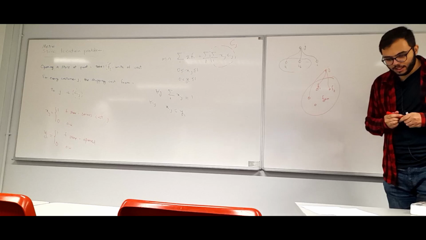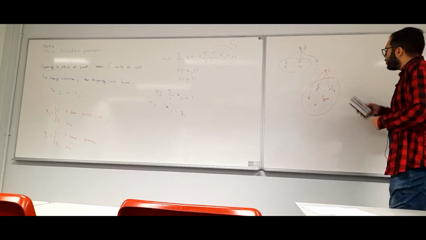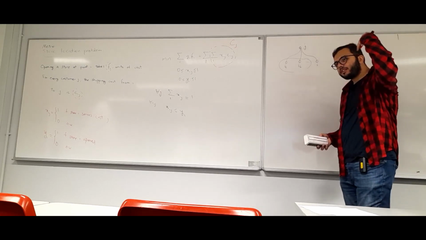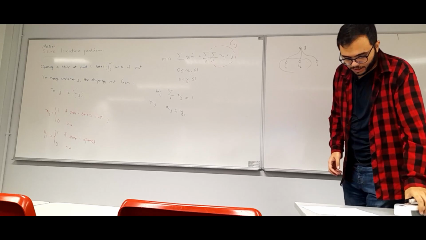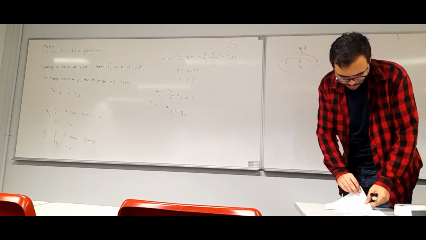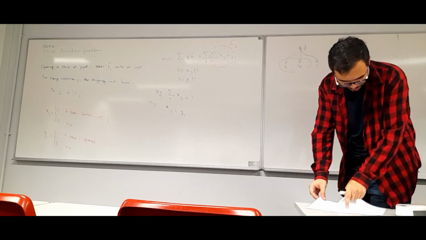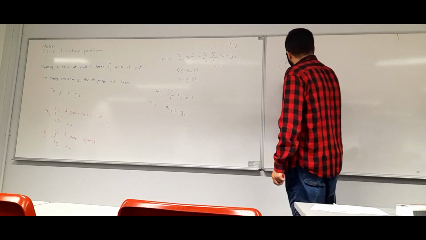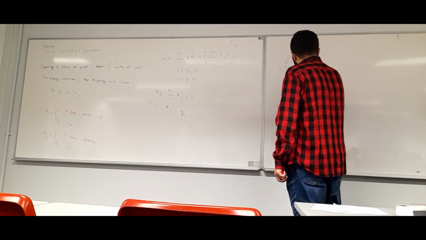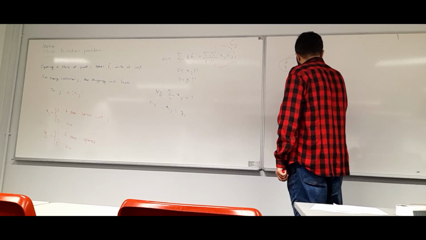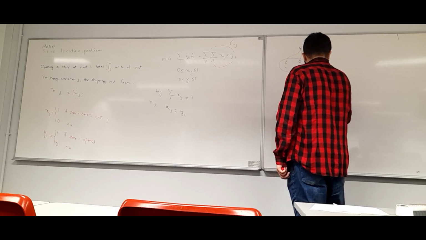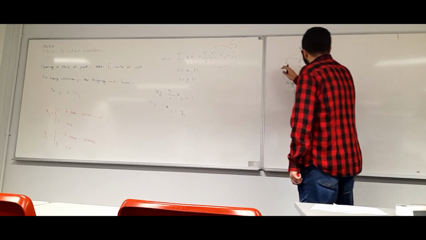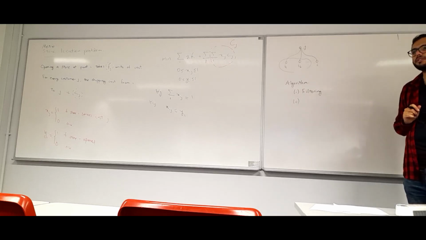Okay. But actually, how would we formalize this? So again, remember, this is after I've already done my filtering. Okay? So after I've done my filtering, yes, so this is my algorithm. First, I do my filtering, and then I want to find one of these groups of stores that are close to each other.